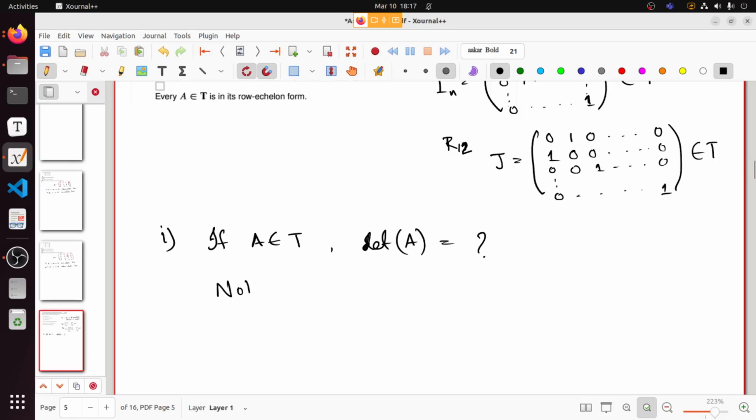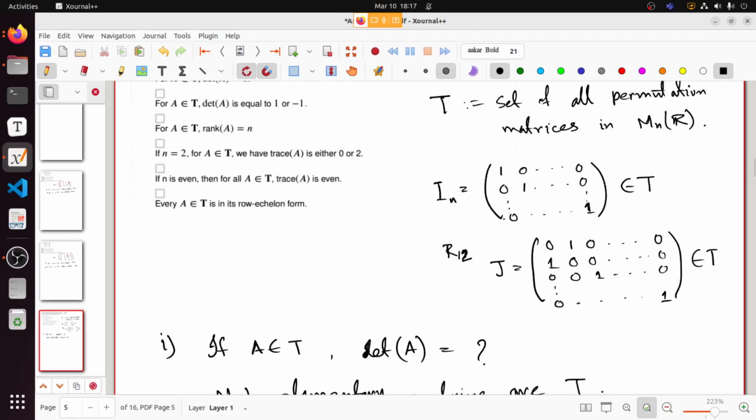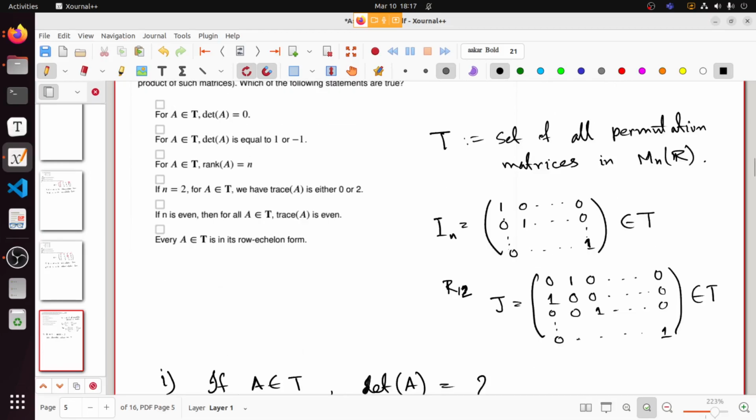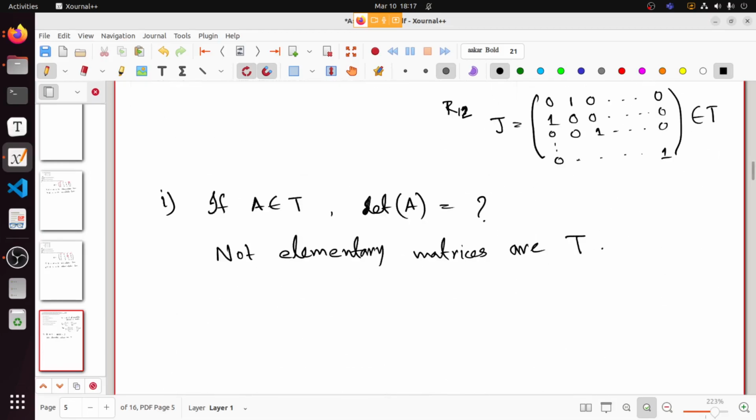So note that elementary matrices are in T, and the products of elementary matrices, and you know it was done in the class that elementary matrices are invertible.